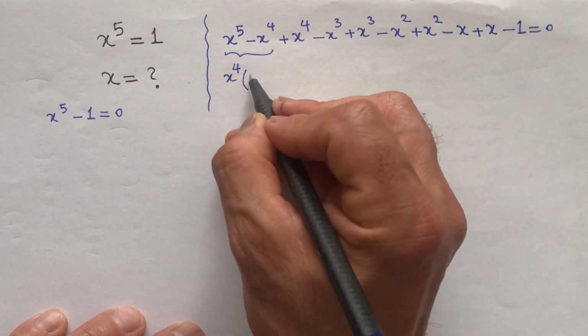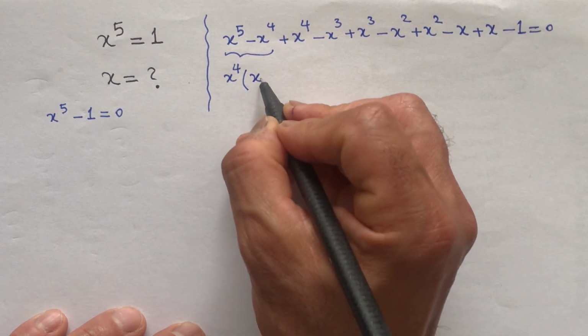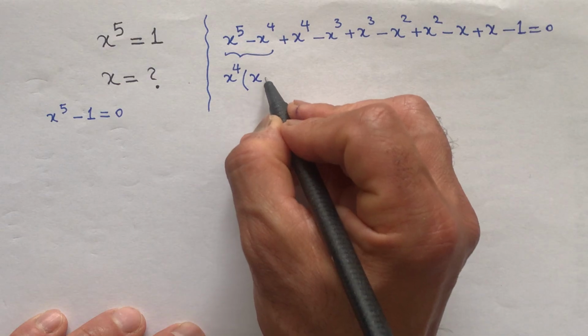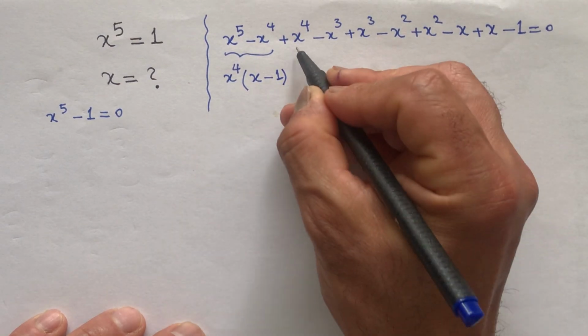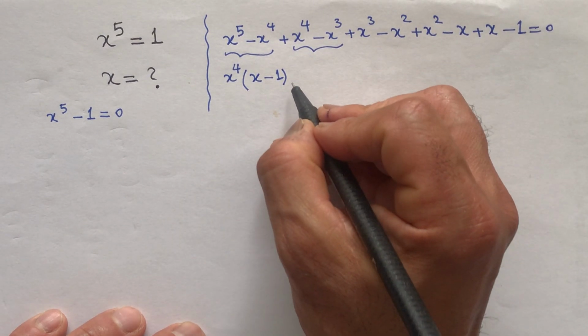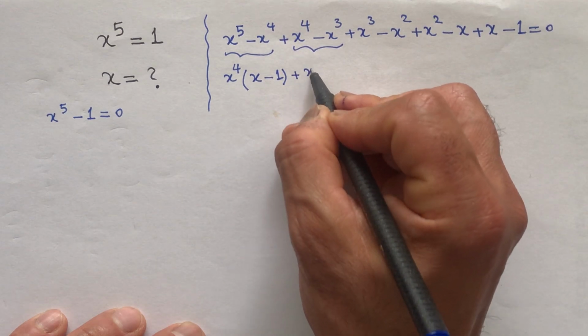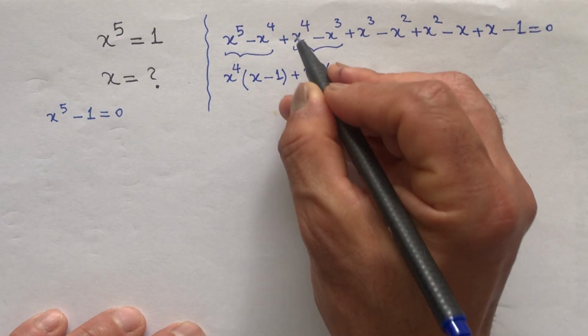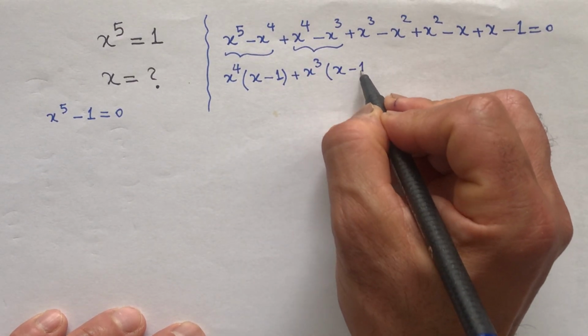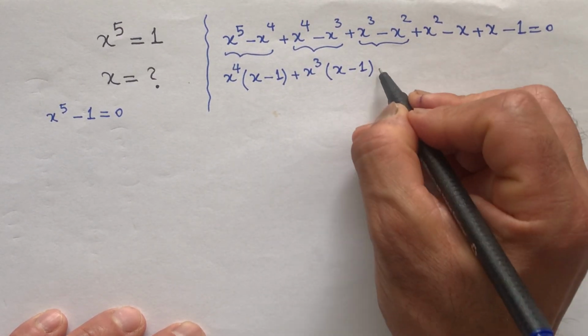So from the first term remains only x minus 1. And here again the same story, but I factor out x cubed, x minus 1 here again.